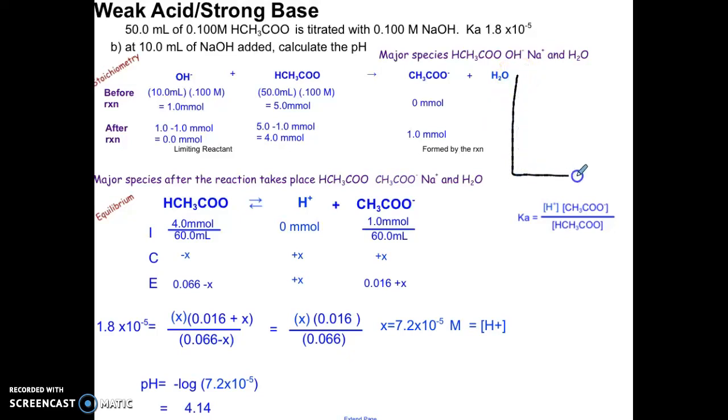I'm not going to do this for every slide, but notice how that pH starts a little bit higher than what it did when we were talking about strong acid, strong base. So the first point is probably going to be right about there, okay? And we're going to see that pH curve starts a little bit higher. A lot of that has to do with this equilibrium reaction that's going on, okay?